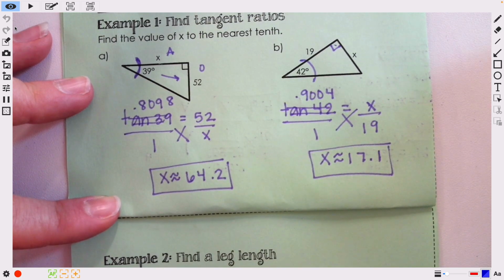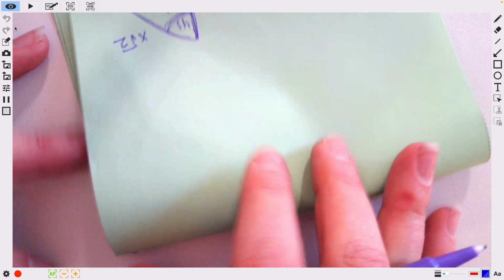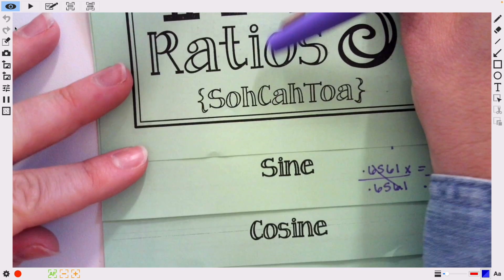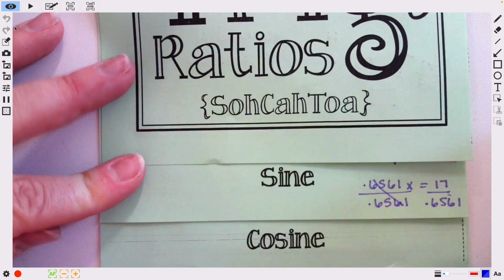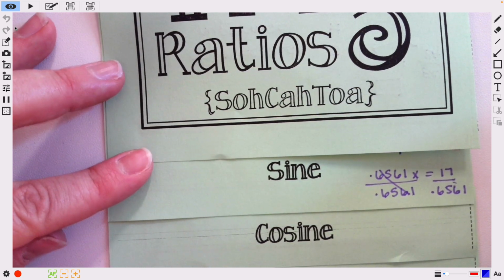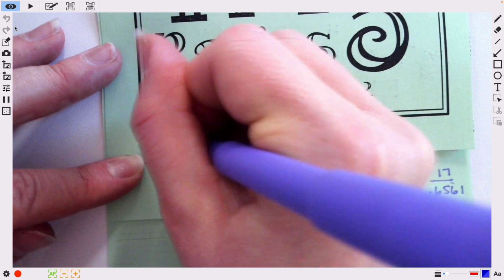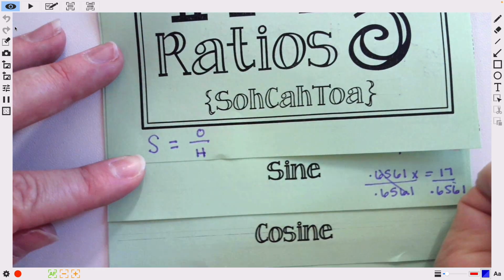Questions. So, SOH, CAH, TOA is a mnemonic device for helping you remember the ratios. Sine equals opposite over hypotenuse.